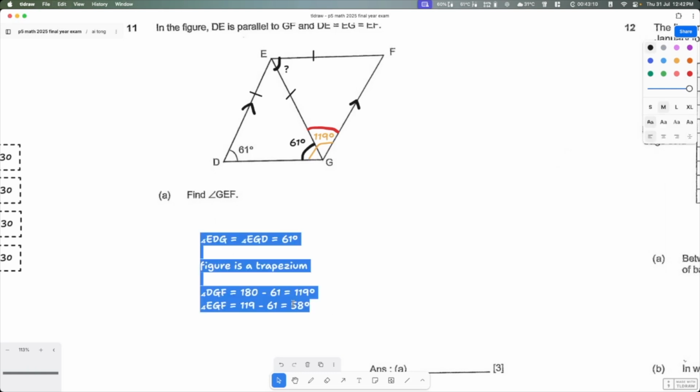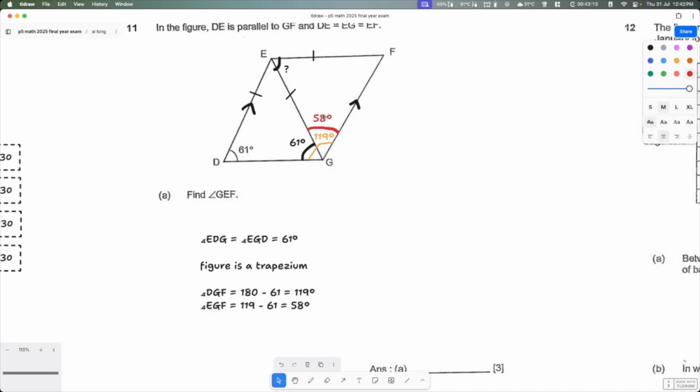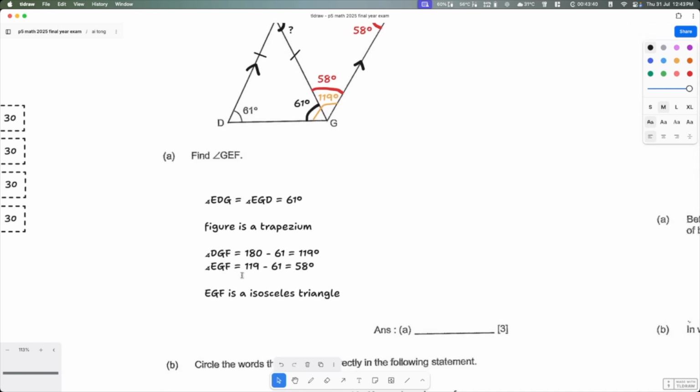Since this 58 degrees is the same as this 58 degrees, let me put a line as well. And since EGF is an isosceles triangle, angle GEF is equal to 180 minus 58 times 2.